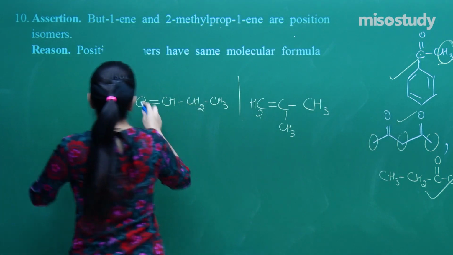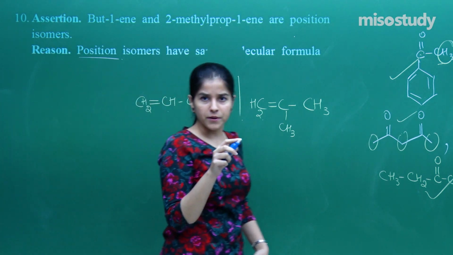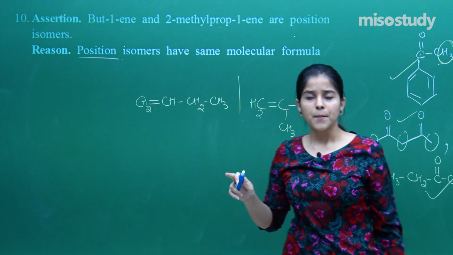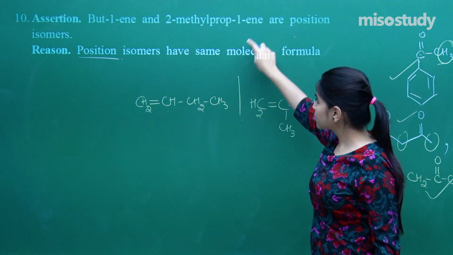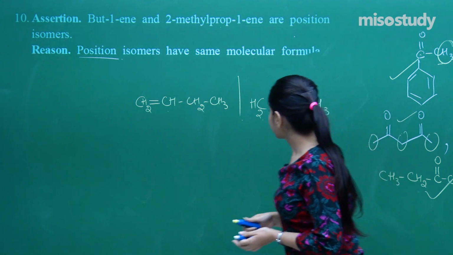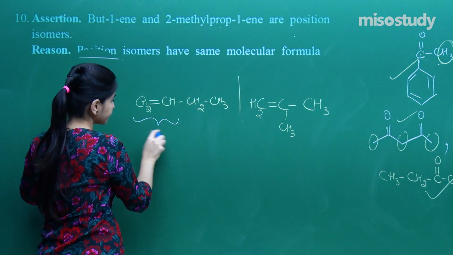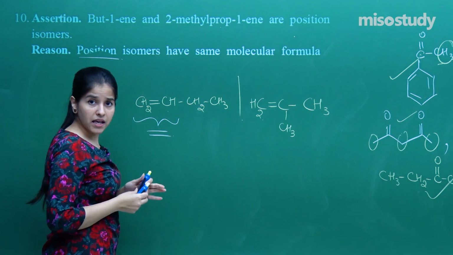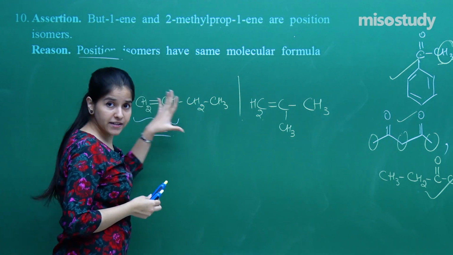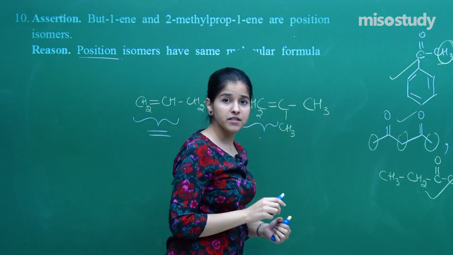Okay. The reason here is position isomers have same molecular formula. Yes. But this does not explain this very condition. Also, if you look here very carefully, the position of the double bond remains same. It is on the first carbon atom, and over here also it is on the first carbon atom.